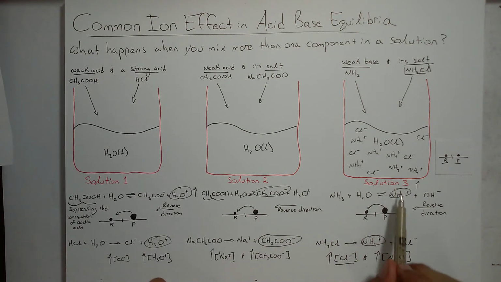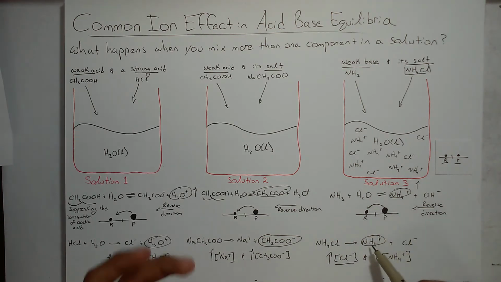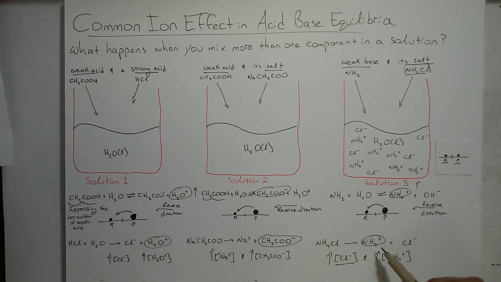Notice, what is the common ion between these two reactions right here? You guys will notice I already circled it out for you, but the common ion is the ammonium ion in this case. We said before that this salt increases the concentration of NH4+ present inside of the solution.